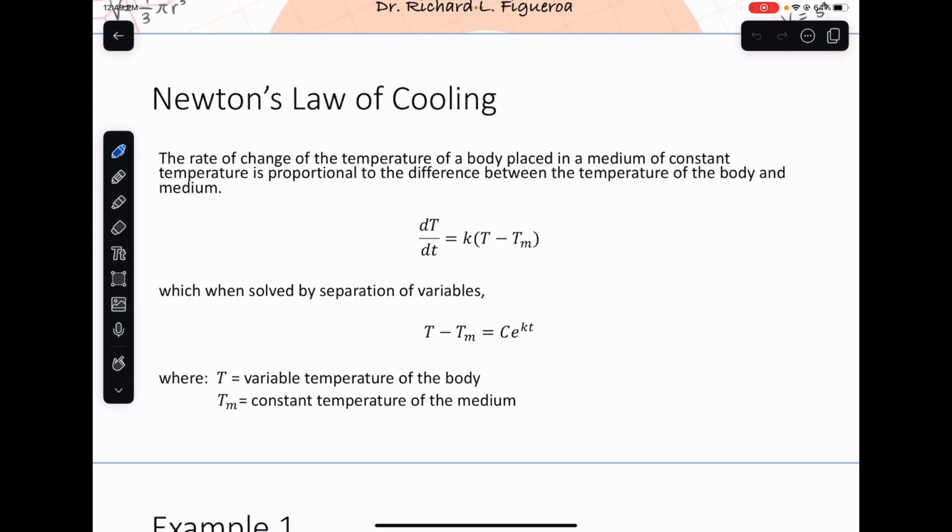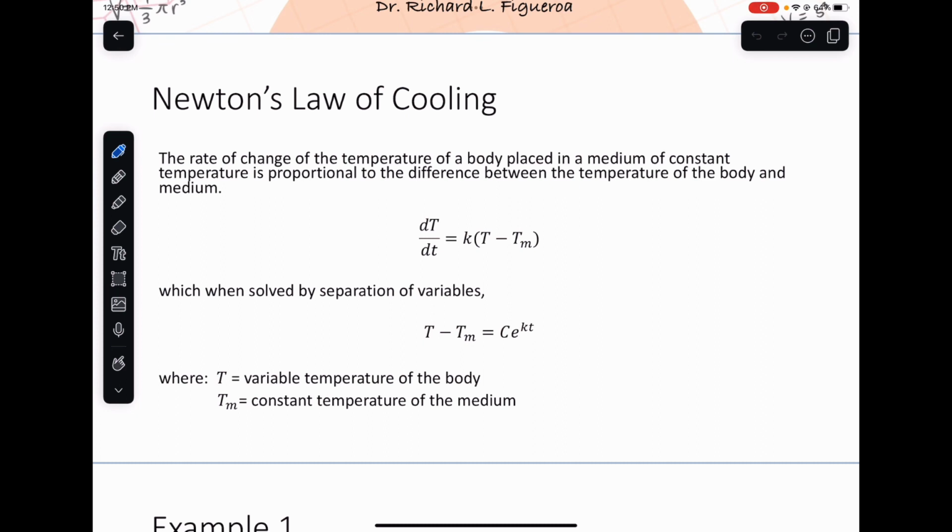Mathematically speaking, the differential equation for this application would be dT/dt equals k times (T minus T sub m). We can solve the differential equation through the methods for separable equations, yielding our working equation, T minus T sub m equals C e raised to kt.